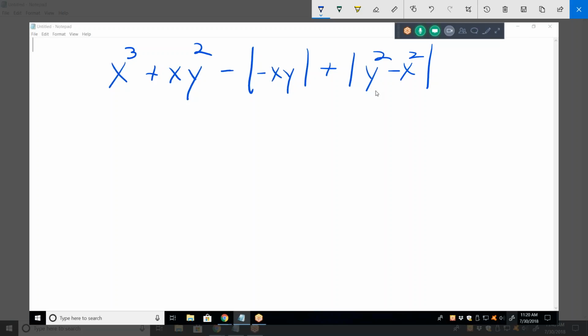Is this an expression or an equation? An expression.